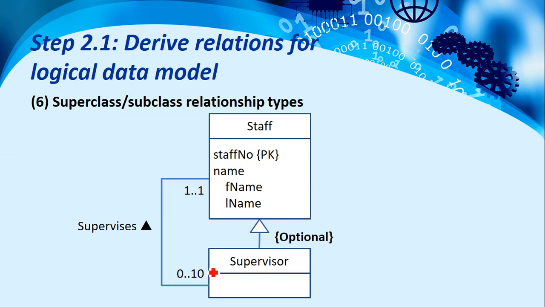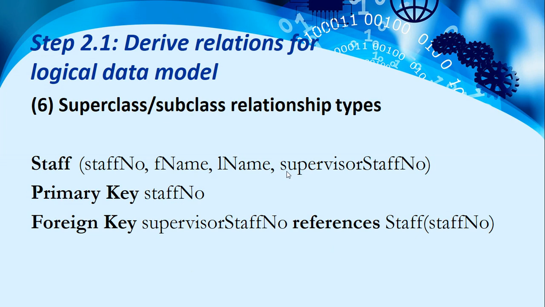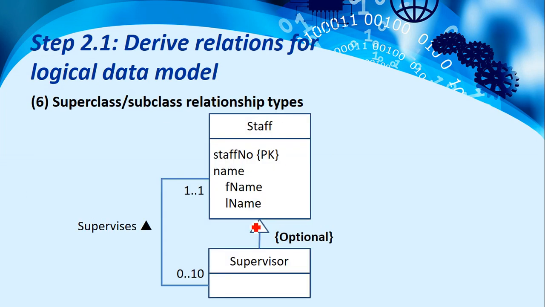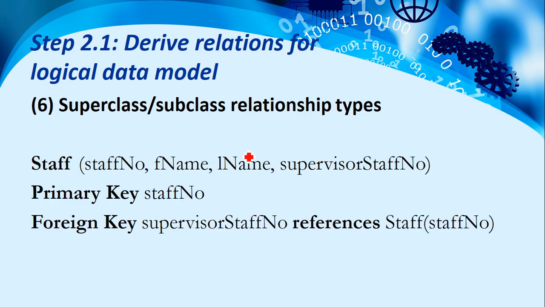So, bali nangyari is, this subclass, supervisor, supervises the superclass na staff. So this is a superclass subclass relationship between staff and supervisor with optional participation. However, as the staff superclass only has one subclass, there are no disjoint constraints. And in this case, as there are many more supervised staff than supervisors, we choose to represent this relationship as a single relation. So kaya kinumbine lang natin yung subclass tsaka yung superclass into a single relation. So staff.